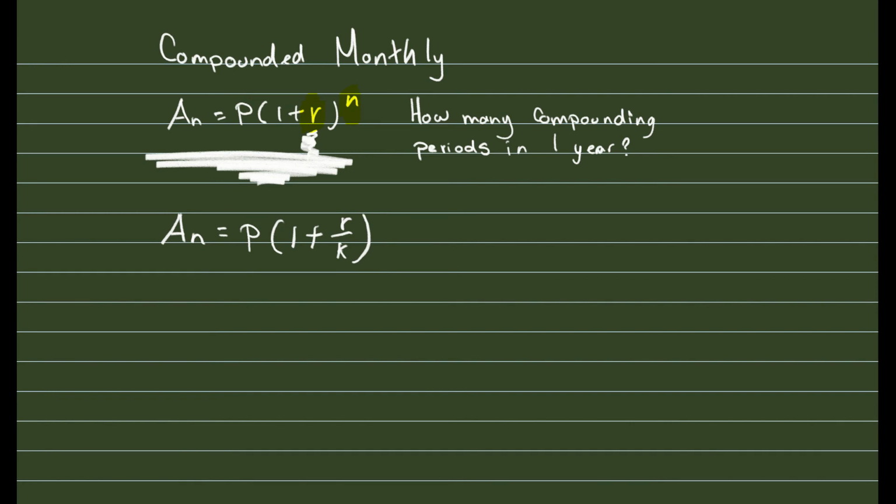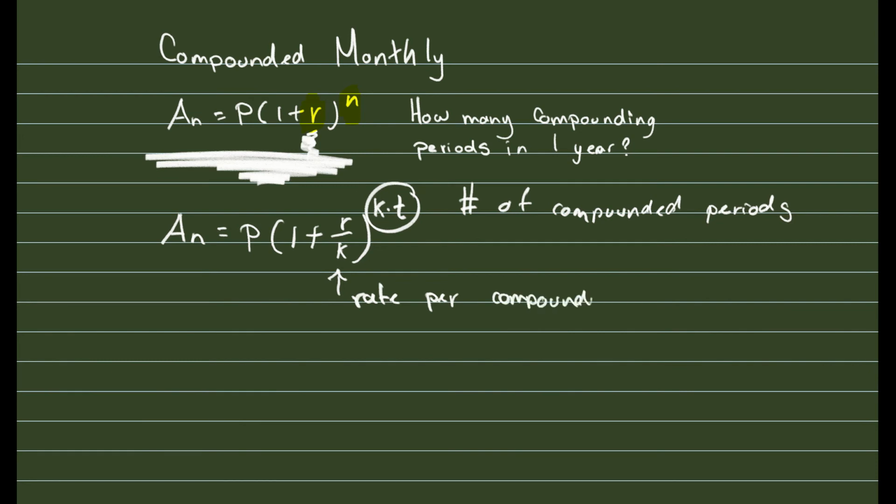And it's no longer to the n power, but rather to the power k times t, where t is the number of years that are passing. In total, this gives me the number of compounded periods, and R over k is the rate per compounding period.